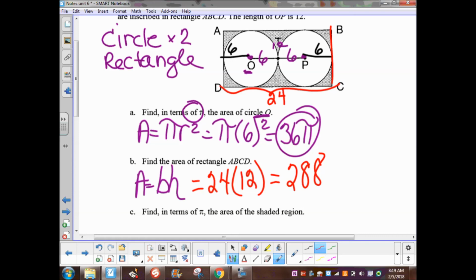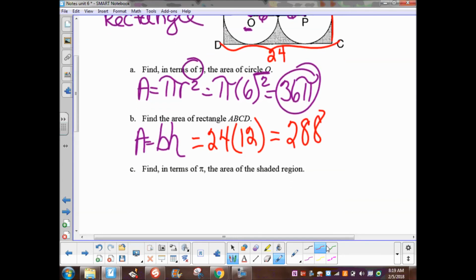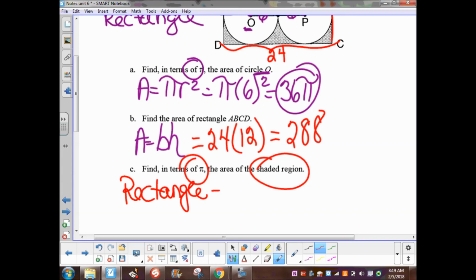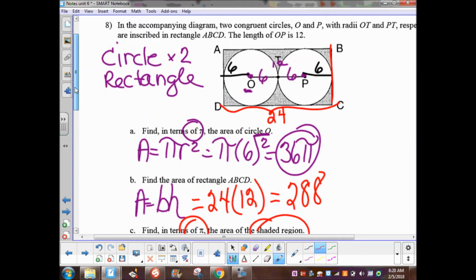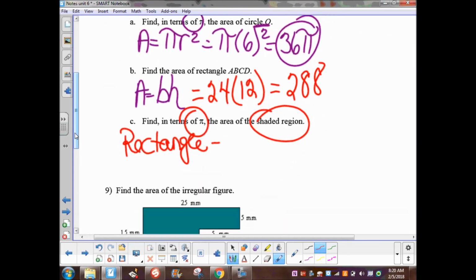Now it says find in terms of pi the area of the shaded region. So we've got to say rectangle minus what? What do we have to take away? The circles. Okay, right? So rectangle minus circle minus circle.